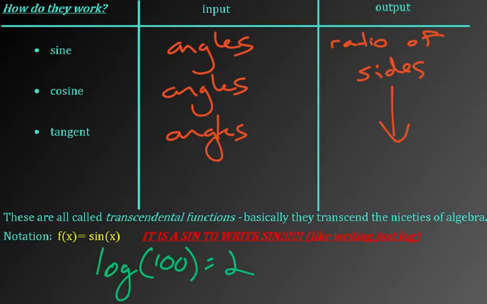Because now I can say, I'm thinking of it as base 10 squared is 100. So you take the sine, the cosine, the tangent of an angle, and you get out a number that is a ratio of the sides in a right triangle. So that is what they are doing, okay?